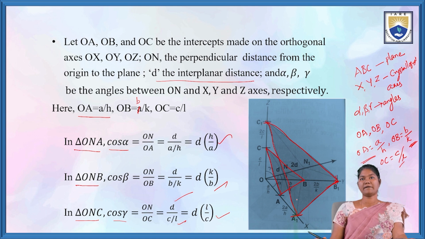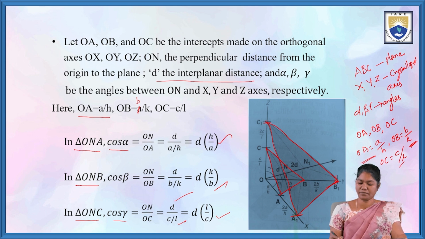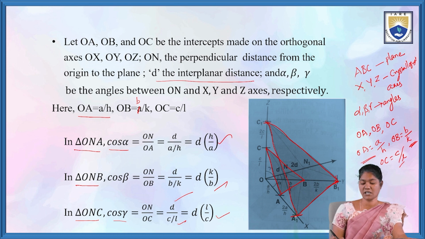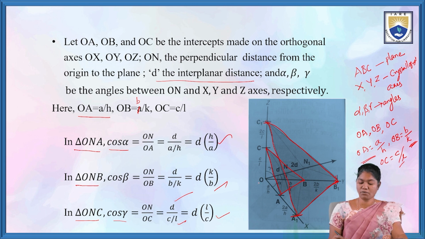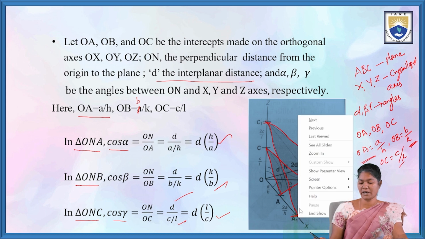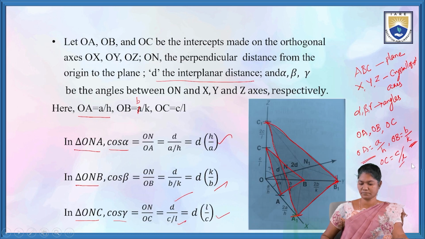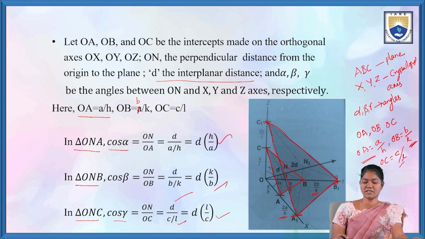So this is the parallel plane to the ABC on the crystallographic axes, intercepting at A1, B1, C1. Now the distance from O to A1 is 2a by h. So the distance OA1 is equal to 2a by h, and the distance from the origin to B1 is 2b by k. Likewise, the origin to C1 on the z axis is 2c by L.